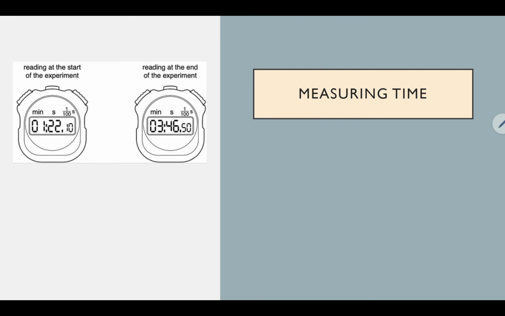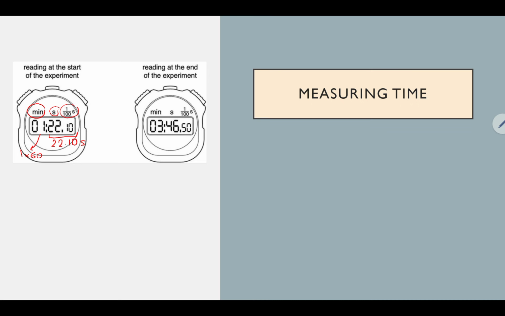First of all, we have here the minutes, the seconds, and the 1/100 seconds. So for these two, we're just going to leave them as they are, 22.10 seconds. What about the minutes? How do we convert minutes to seconds? We multiply it by 60. So it's 1 minute, so that's 1 times 60, so that's 60 seconds.